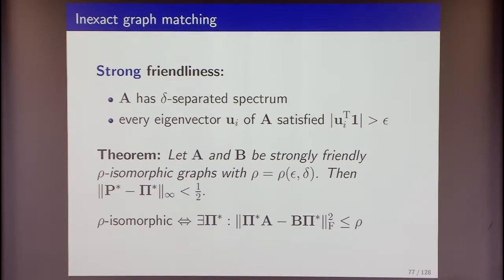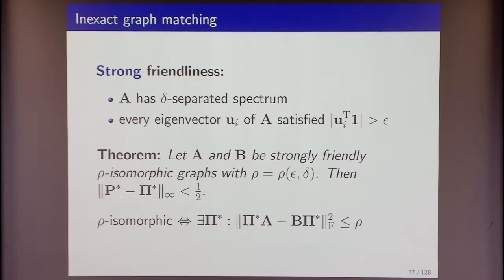So then if this rho is smaller than some constant that depends on delta and epsilon, then the distance between the solution of the convex relaxation and the true isomorphism will be bounded in the infinity norm by 1/2. Okay? And obviously, if it is bounded by 1/2, then it means that you can even naively quantize this result by simply taking all the entries that are smaller than 1/2 to 0 and bigger than 1/2 to 1.